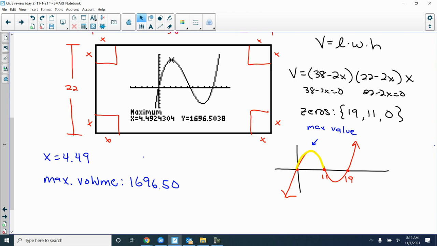All right, I do want the dimensions. What's my length, width, and height? So you finish it from there. Okay, so take a look at it. Think what's your length, what's your width, what's your height.